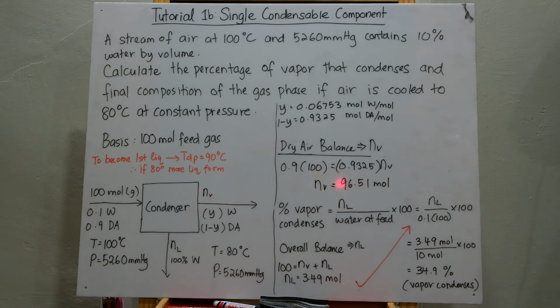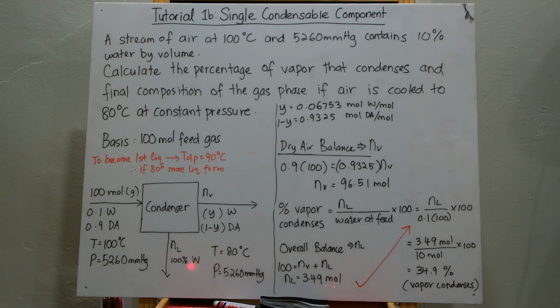From here you use the overall balance: 100 moles that go in equals NV plus NL. Then you obtain your liquid form.